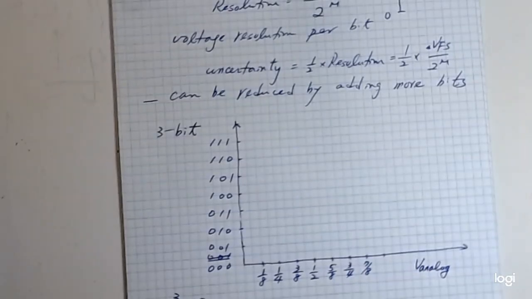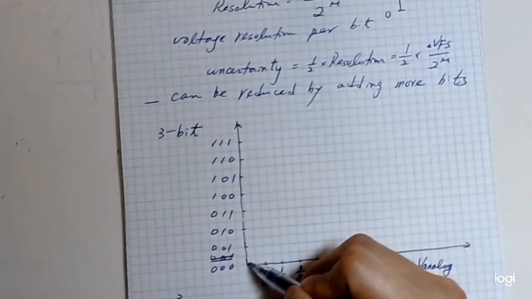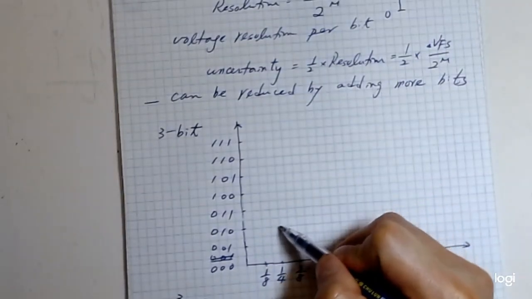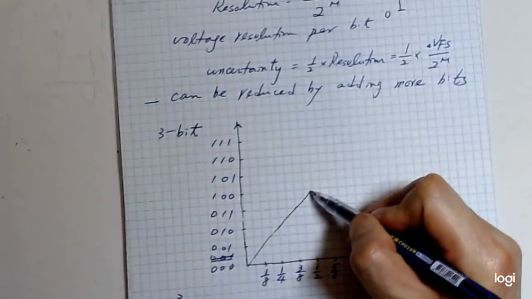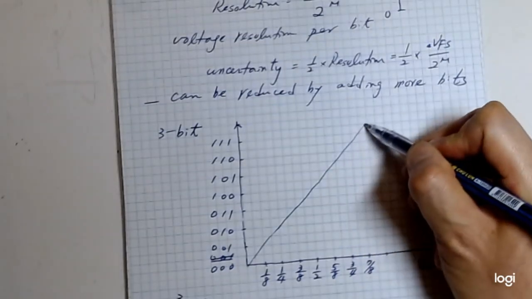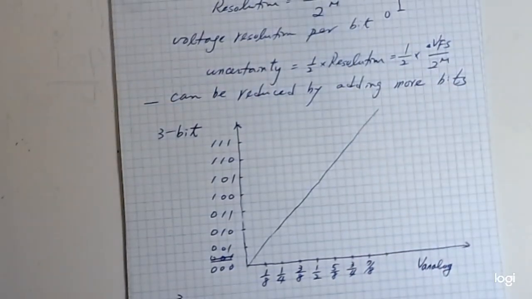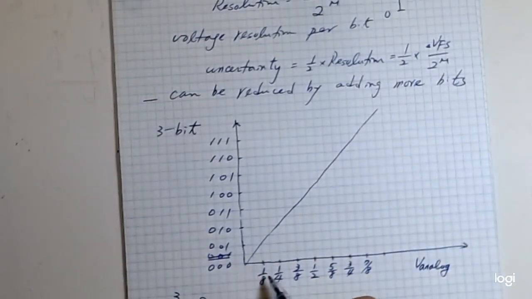So the analog voltage should be continuous. However, for the ideal digital, you only have these values, each one part.